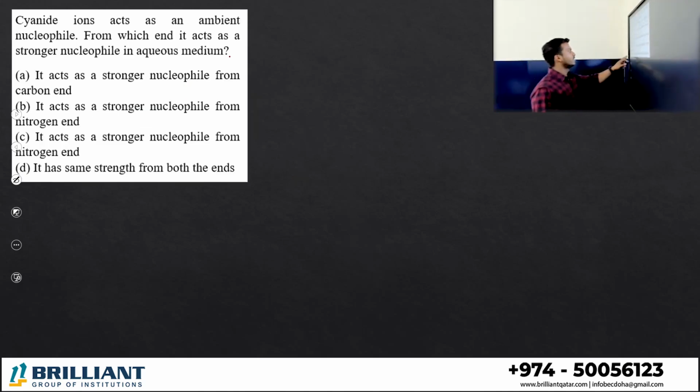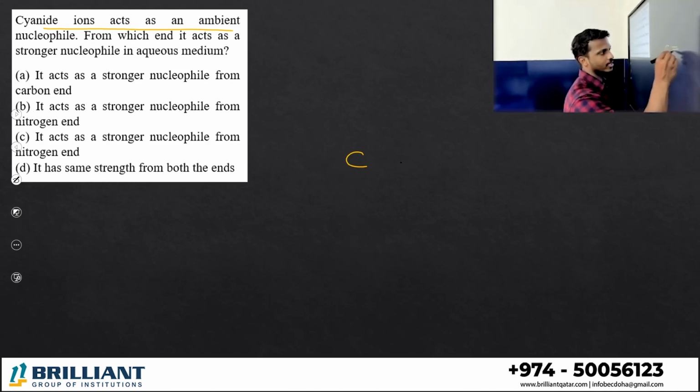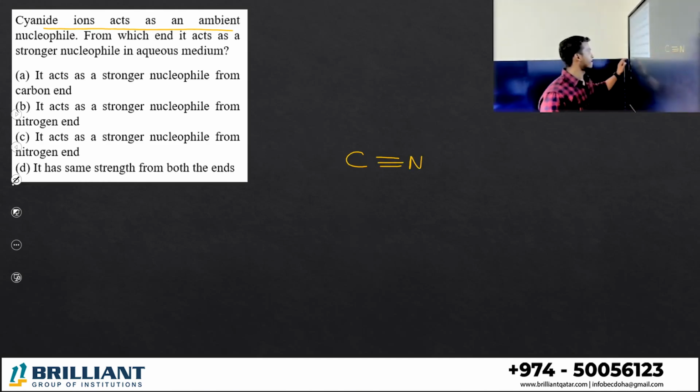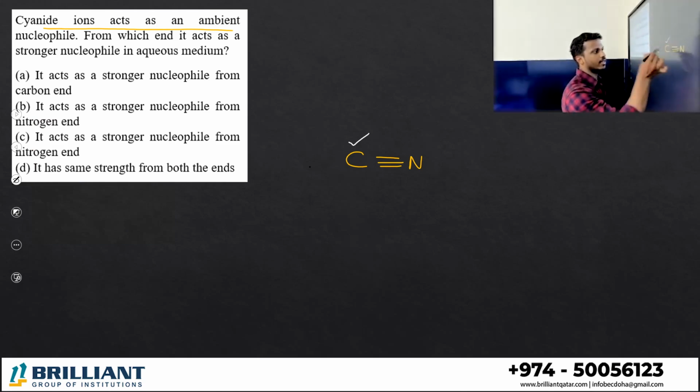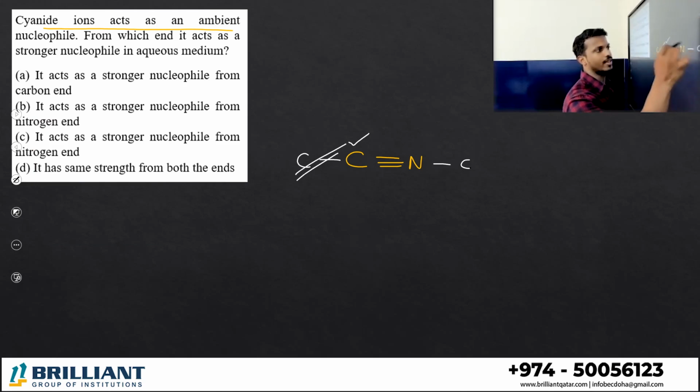Okay, next one. Cyanide ion acts as an ambident nucleophile. Cyanide, nitrite, all are ambident nucleophiles. From which end does it act as a stronger nucleophile in aqueous medium? Dear student, CN, this is cyanide. Either carbon can make a bond with another carbon or nitrogen can make a bond with another carbon.